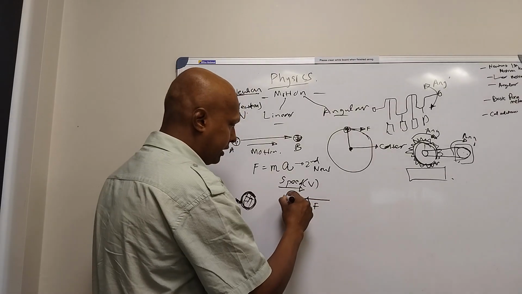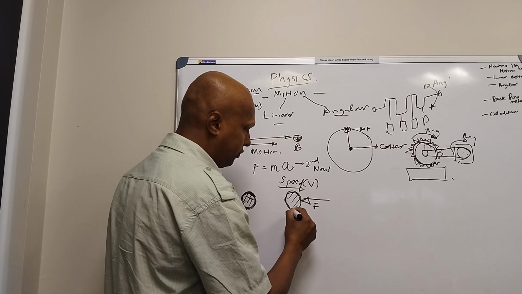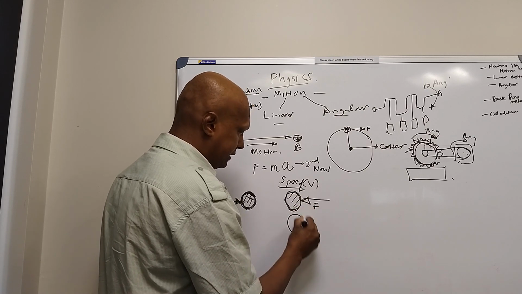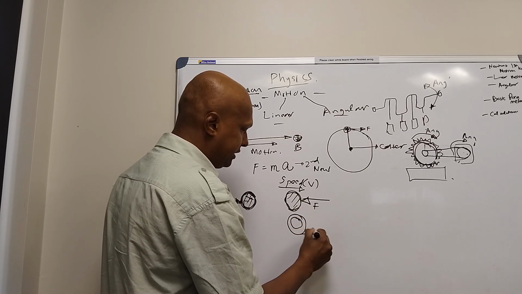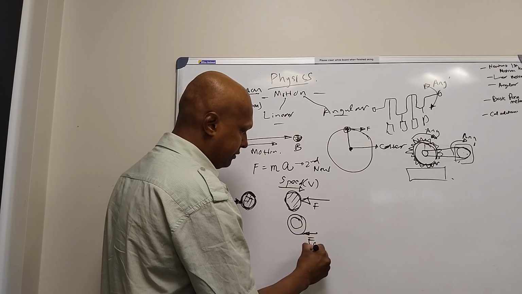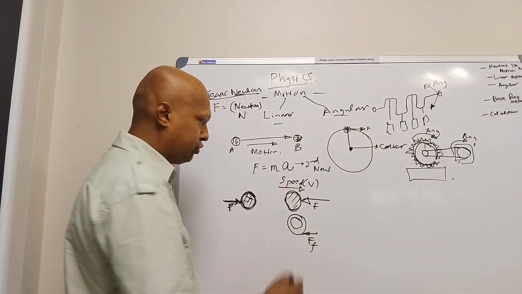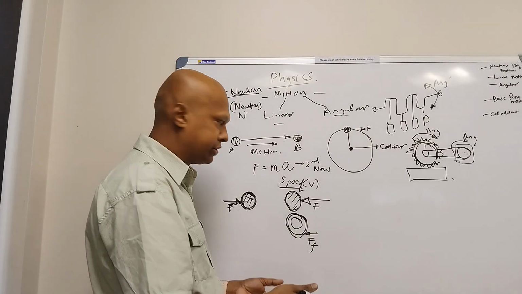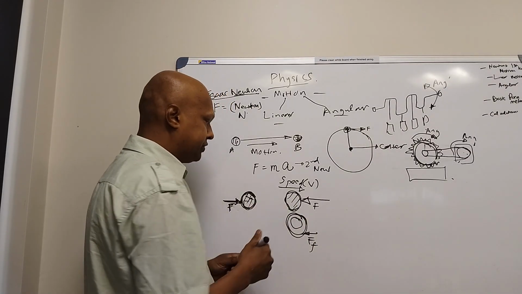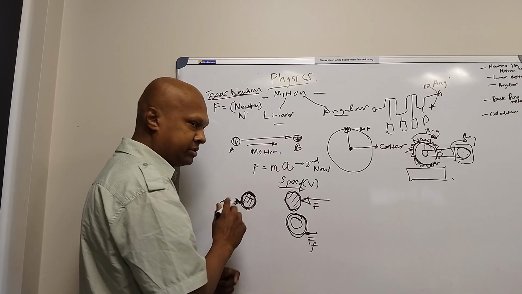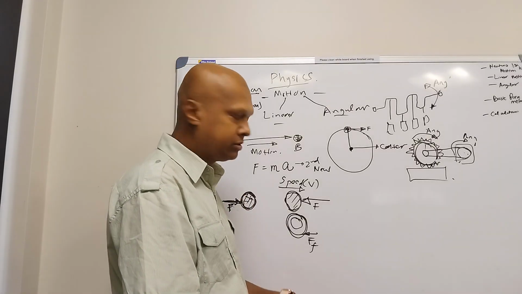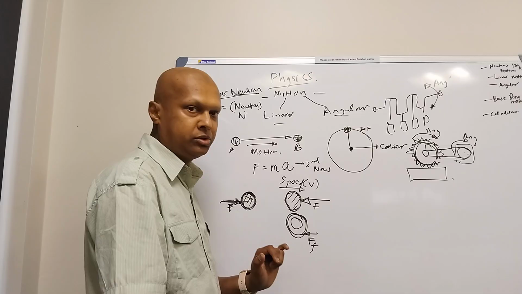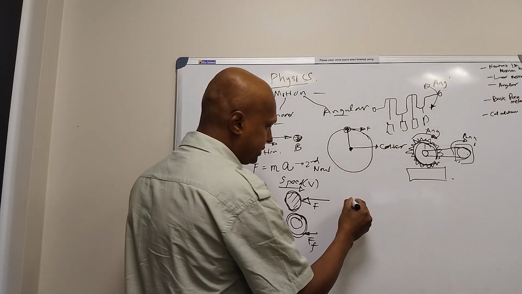Sometimes when a car is moving, there is an external force on the wheel, like on the tire, which is friction. That is also what is discussed in Newton's first law. So either it needs an external force to move an object, or to stop the object, or even to change the direction.